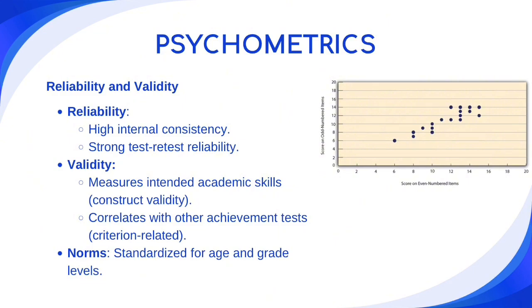The test also has strong validity, meaning it effectively measures the academic skills it claims to assess. And additionally, the KTEA is standardized using age and grade based norms, which allows for meaningful comparisons to peers.